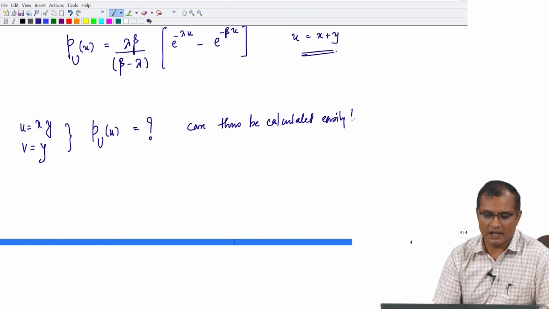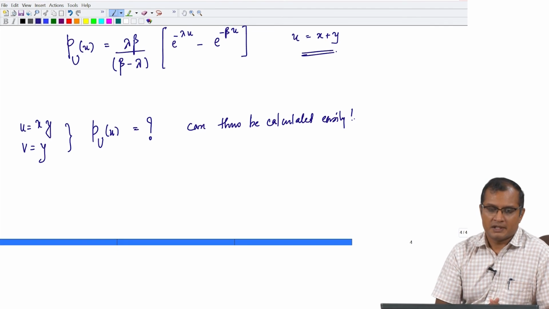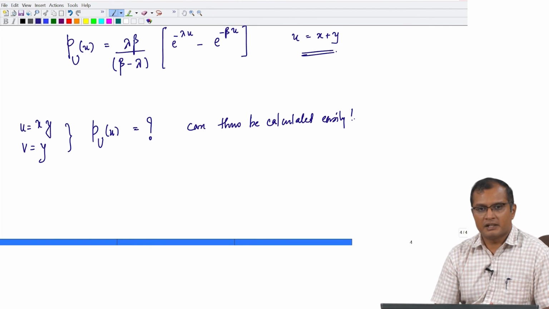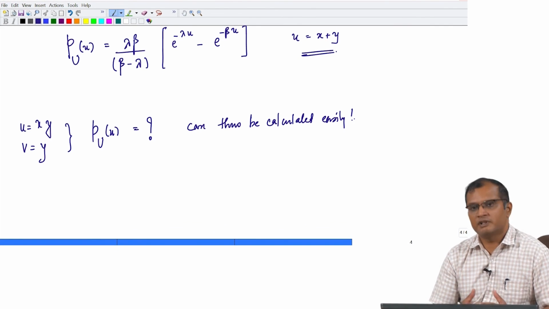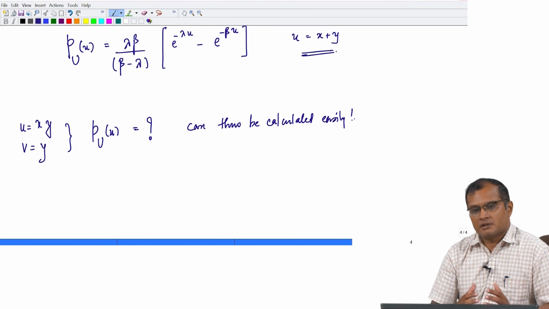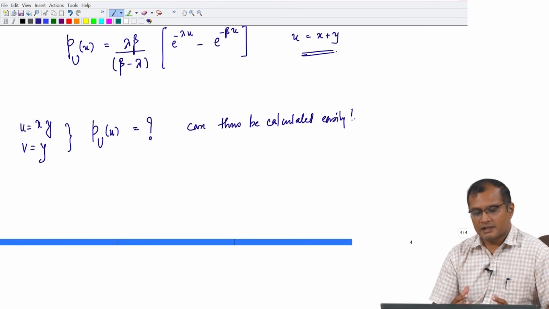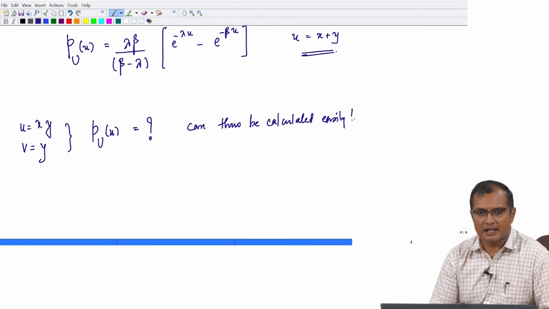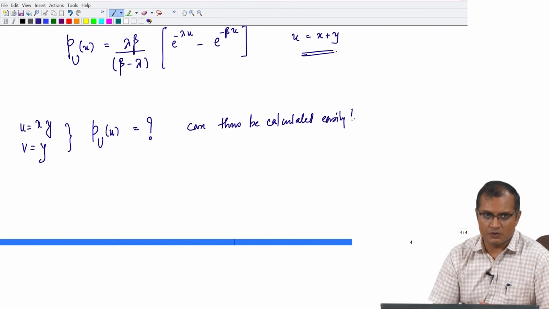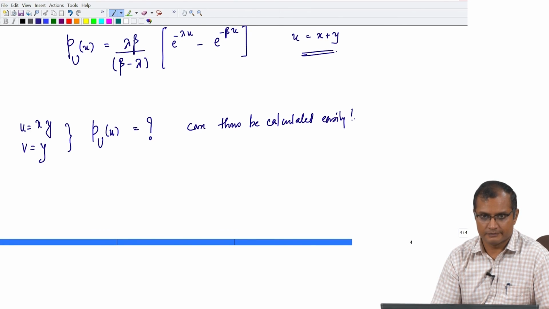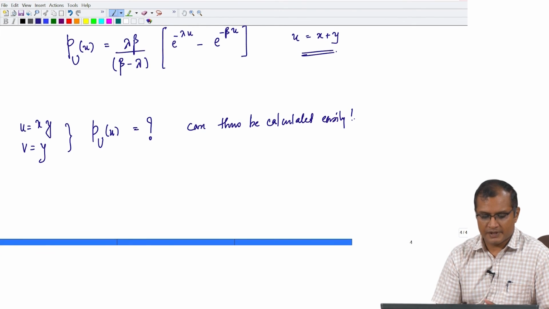In this case, we had to ensure that v is not moving independently, it is moving keeping in mind the constraint that the sum x plus y is always fixed to u. So, that needs to be properly taken care of. Okay. So, we will stop here and proceed in the next class.